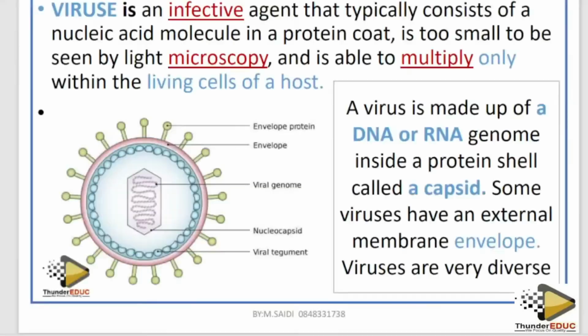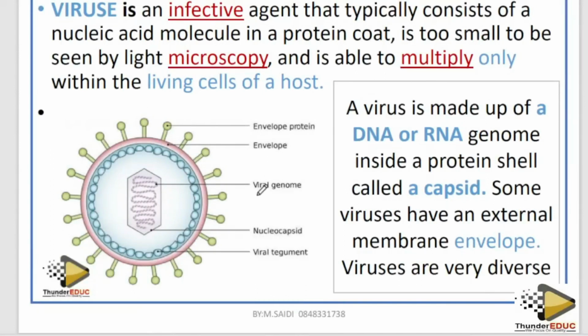So when you talk about the structure of a virus, know the properties of a virus, know the properties of a bacteria. We either bring a virus or we bring a bacteria, so you cannot go without knowing. Listen carefully.